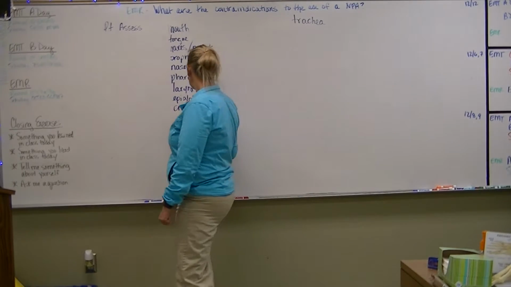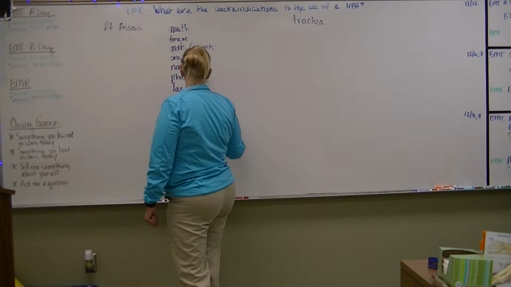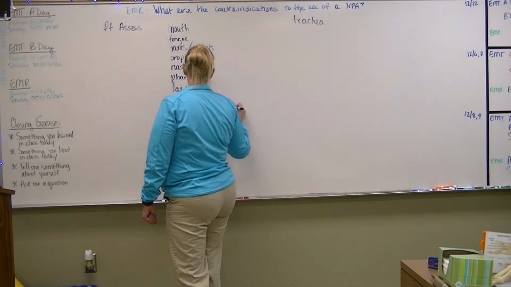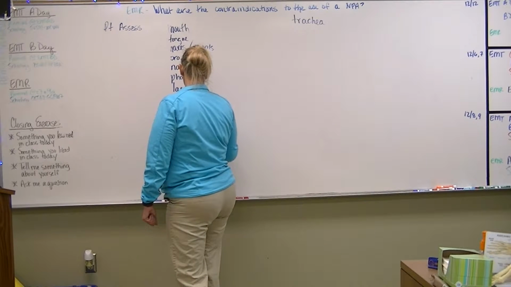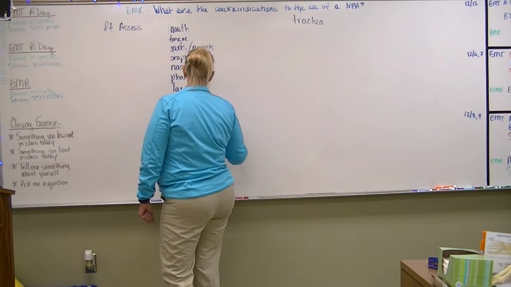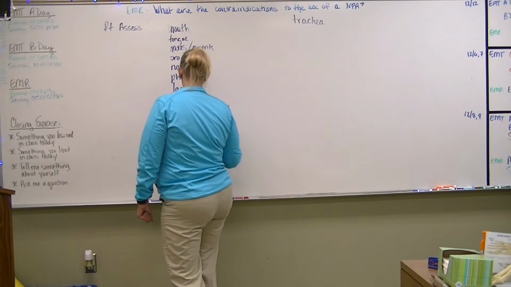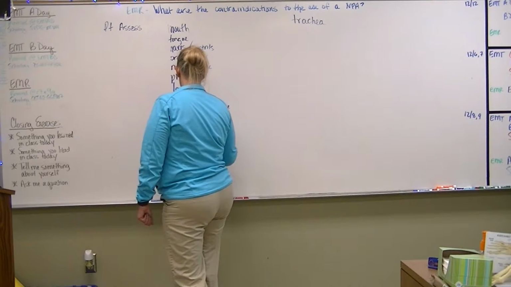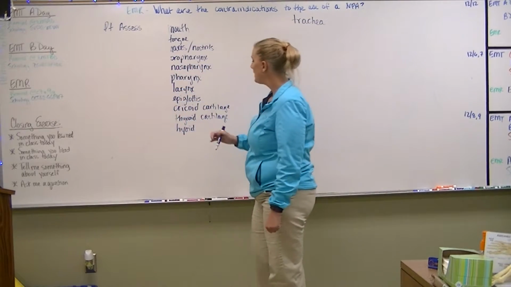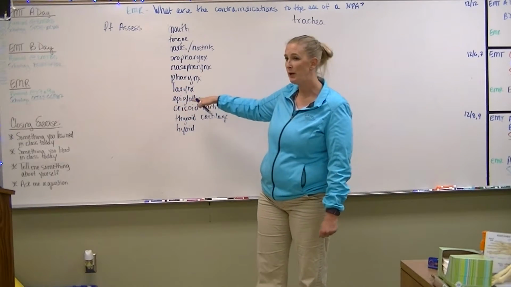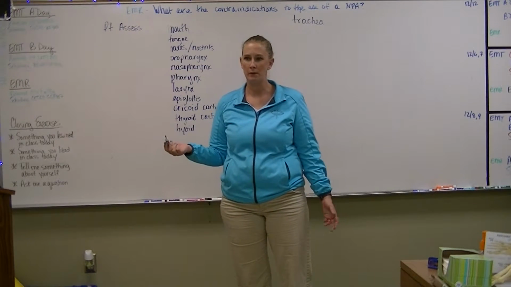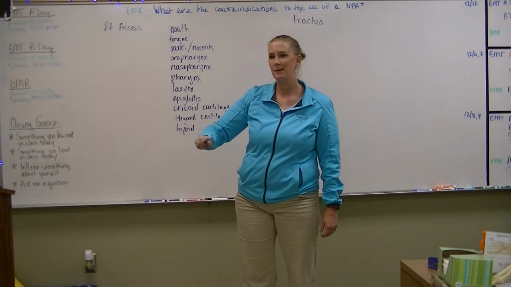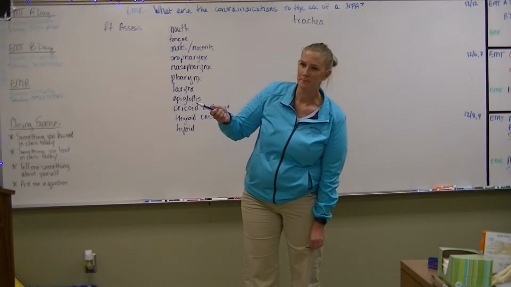The cricoid cartilage is the one that's floating. The thyroid cartilage, the hyoid bone, and the membrane between our cricoid and our thyroid cartilage is called the cricothyroid membrane, right? We learned that in our review last week.